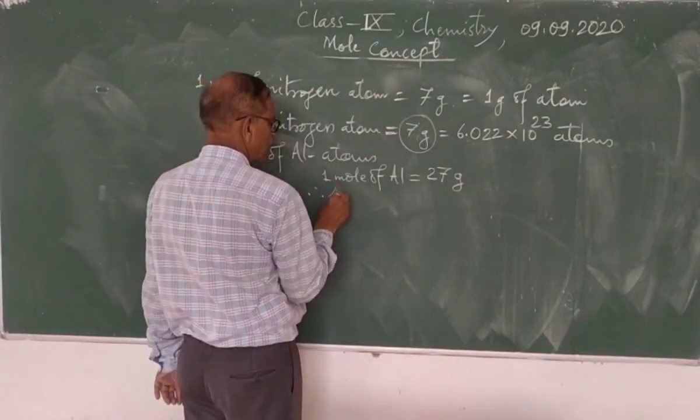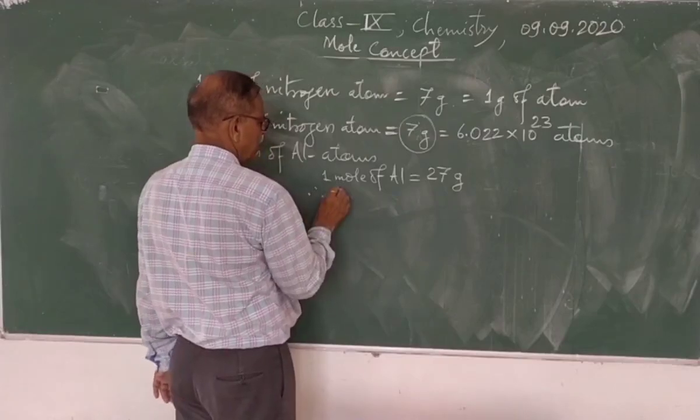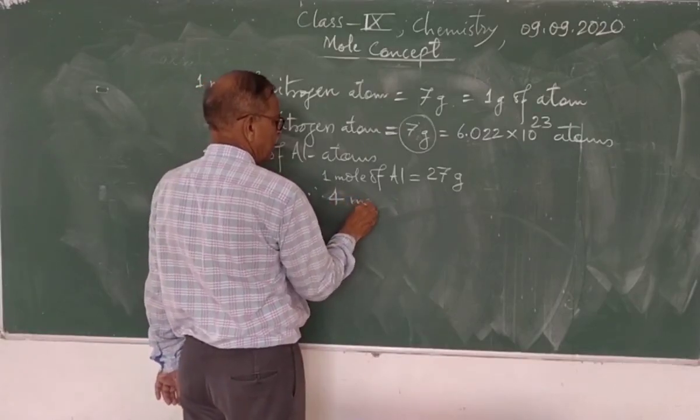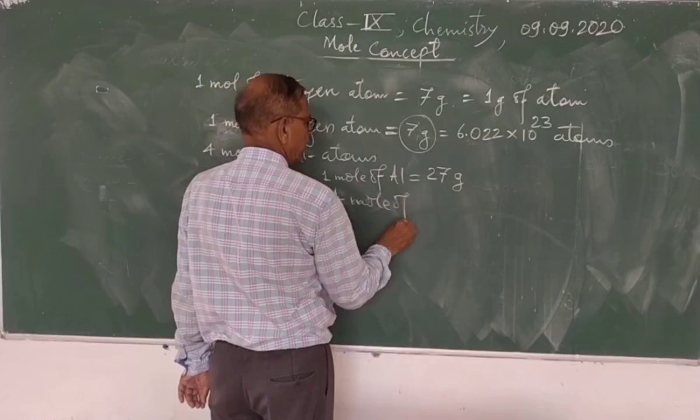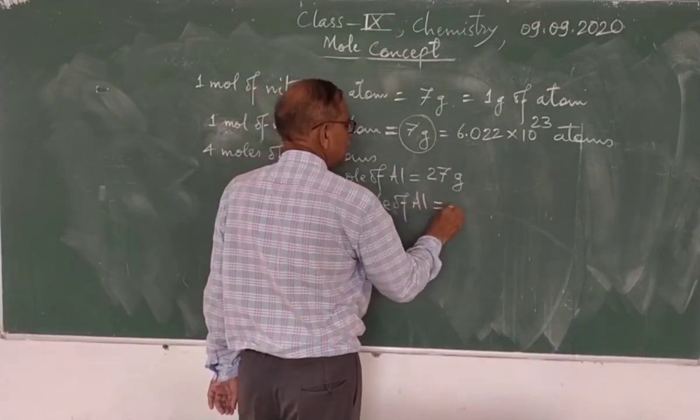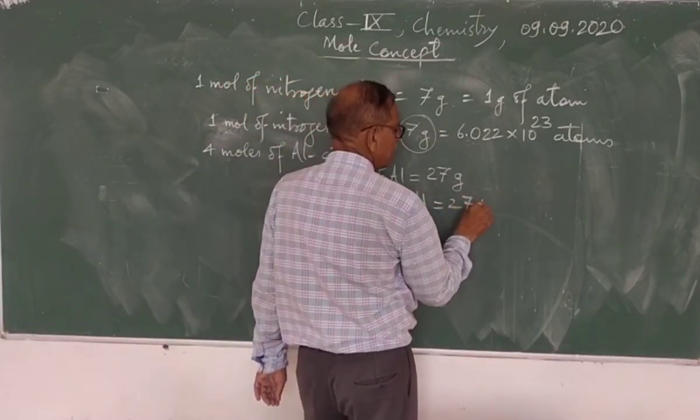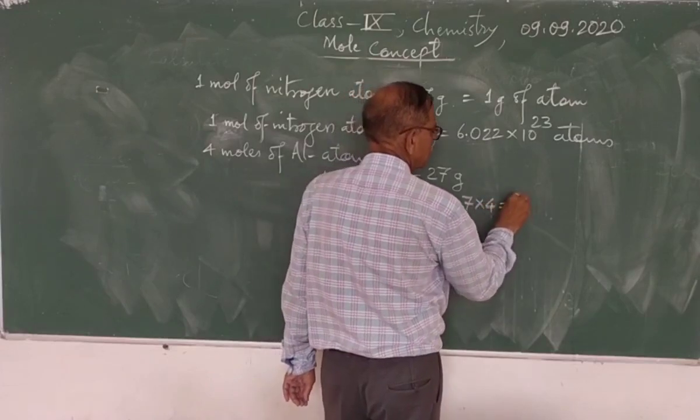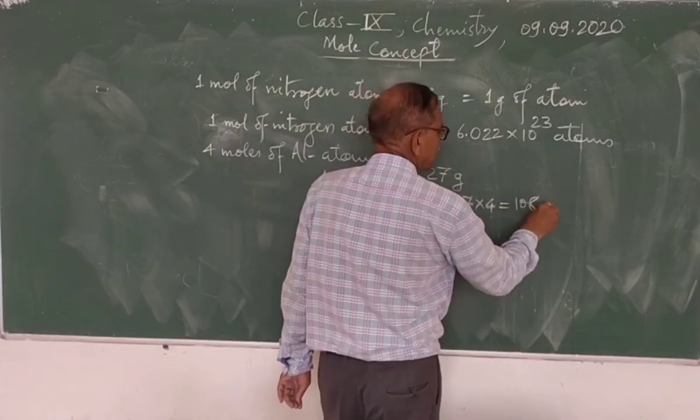Hence 4 moles of Al is equal to 27 into 4 is equal to 108 grams.